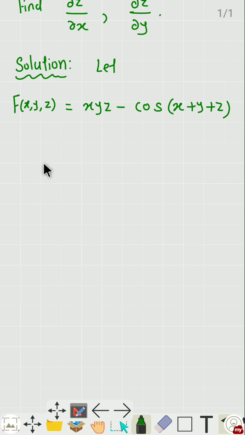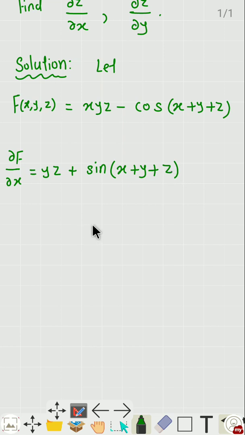Partial derivative of f with respect to x is equal to yz plus sine of x plus y plus z.